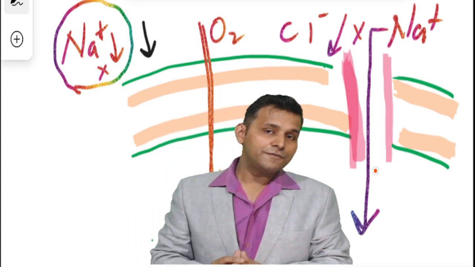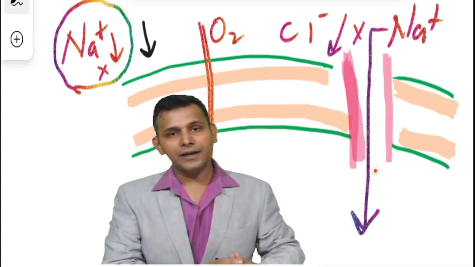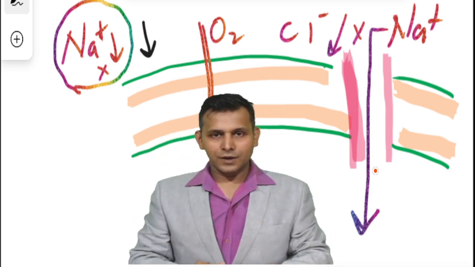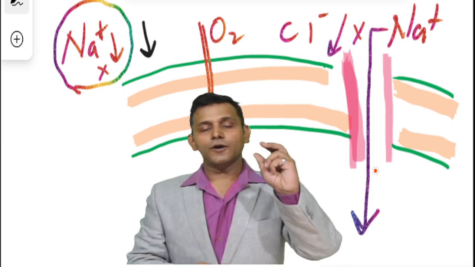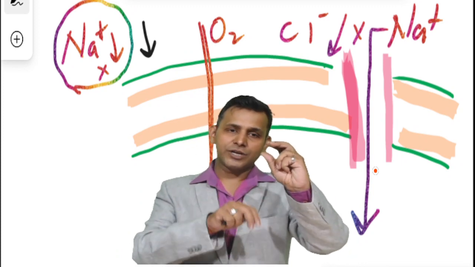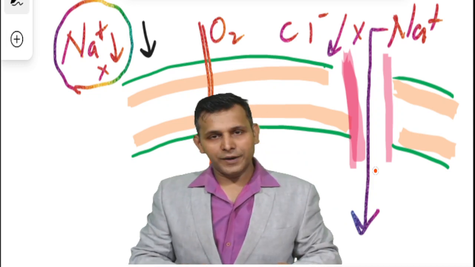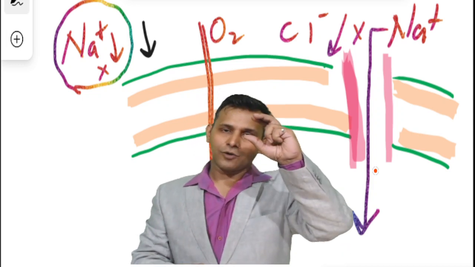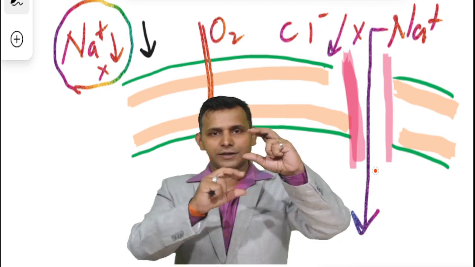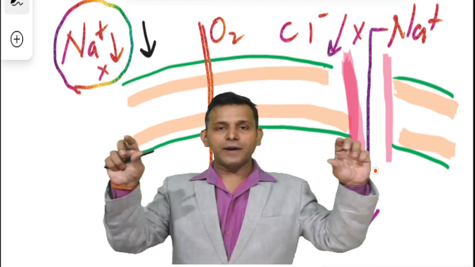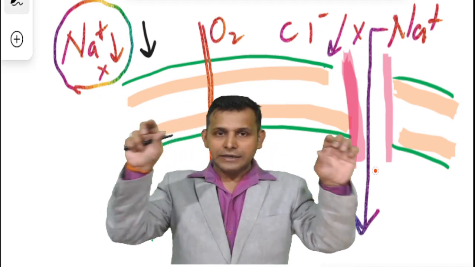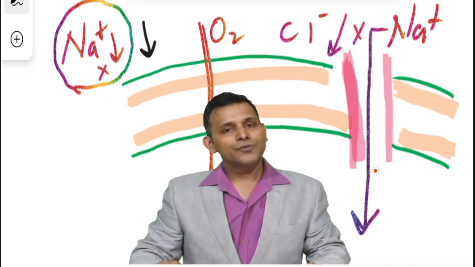The membrane itself is a lipid bilayer. Lipid bilayer in the sense that it has phospholipid molecules. A phospholipid molecule has a phosphoric end which is water loving or hydrophilic, and lipid chains which are hydrophobic. So a phospholipid molecule is placed on the exterior side and another phospholipid molecule is reversed and placed on the interior side. This forms a sandwich pattern where either side is water loving or hydrophilic and the interior of the membrane is hydrophobic.